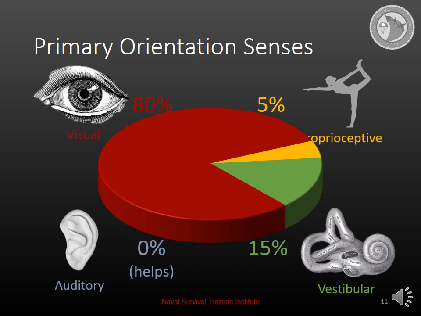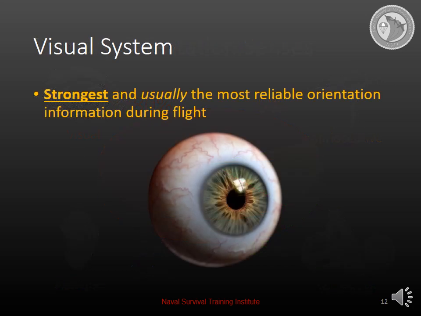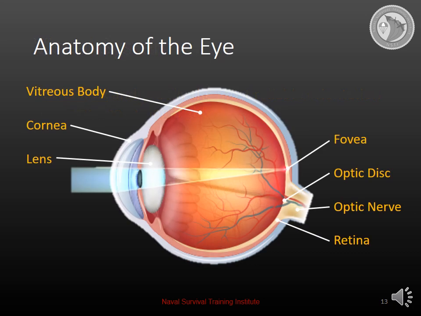We'll discuss more of those other systems later, but let's move over to the visual system. Now, as I said, the strongest and usually the most reliable source of information we have for orientation comes from our eyes. Some basics of the anatomy of the eye here. You have the lens, the cornea. The light comes in through the cornea and the lens. It's focused onto the back of your eye where your retina is.